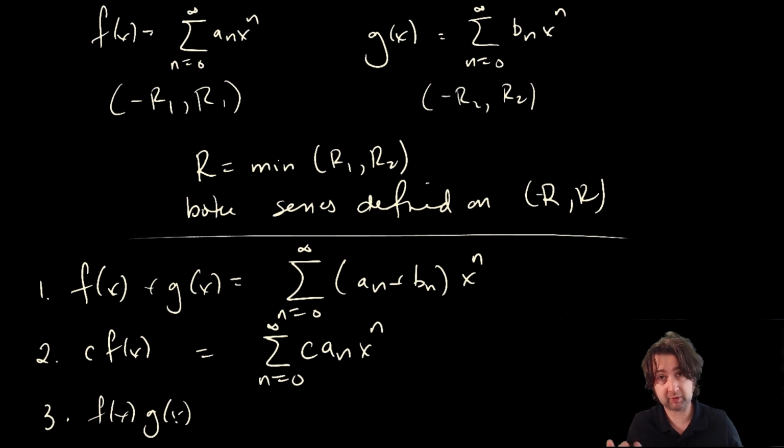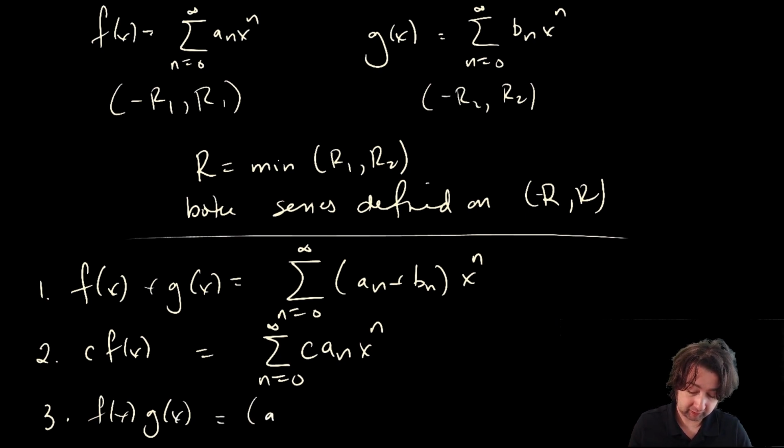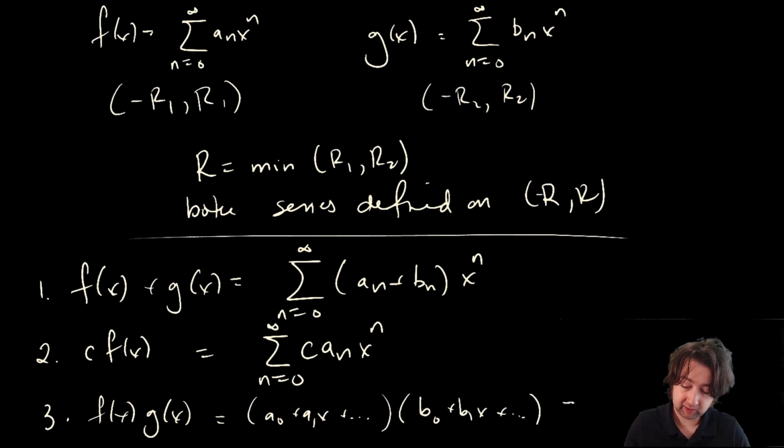It's not so hard to write down a formula for how to compute it. You can think about this as being something like a0 plus a1x plus ... times another gigantic polynomial, b0 plus b1x plus ... And the way that we write the series down that represents this is the sum from n equals 0 to infinity of c n x to the n, where there's a formula for the c n's.